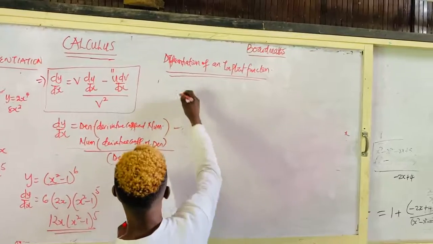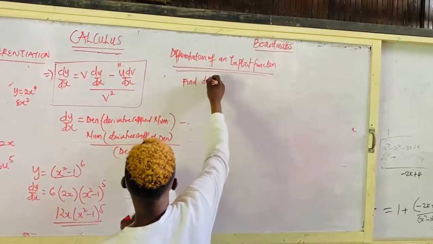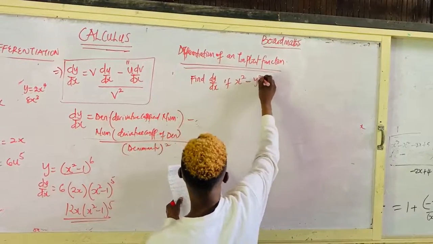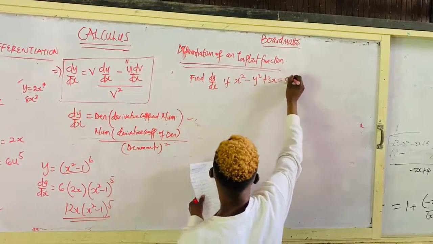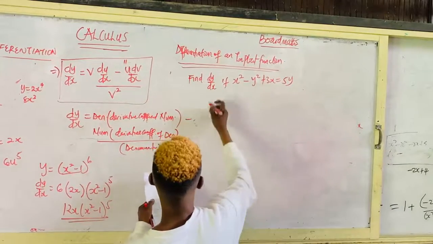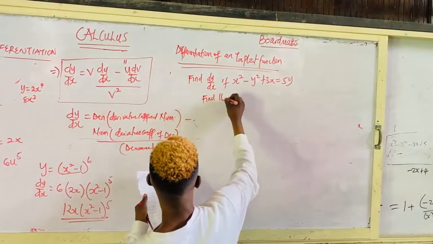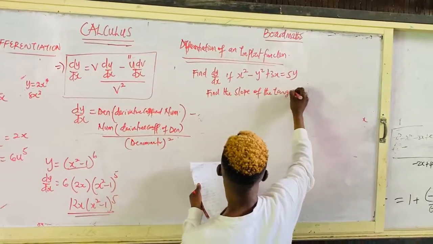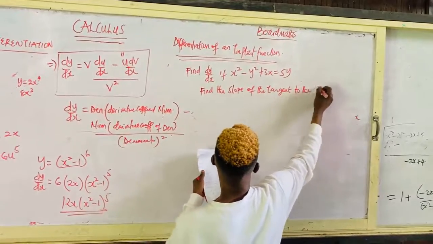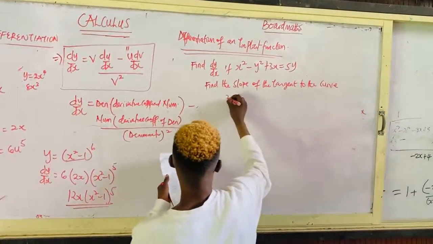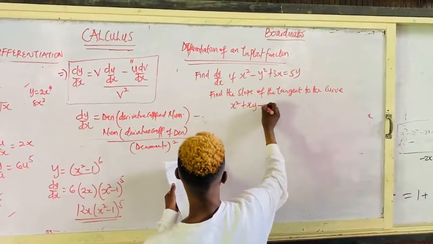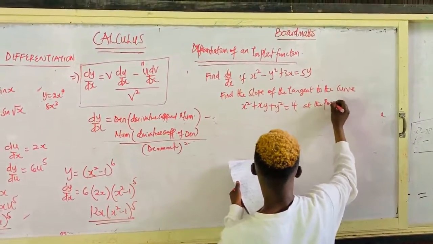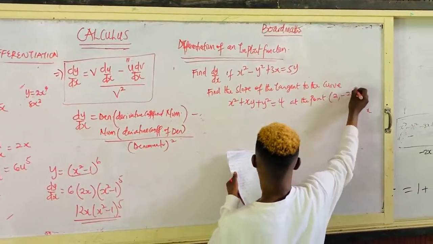Now, how do we differentiate an implicit function? Let's say we have this: find dy/dx if x squared minus y squared plus 3x is equal to 5y, and find the slope of the tangent to the curve x squared plus xy plus y squared is equal to 4 at the point (2, -2).